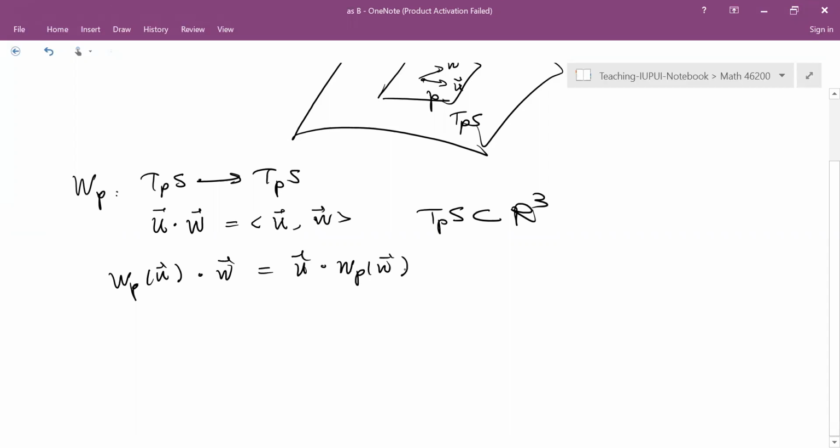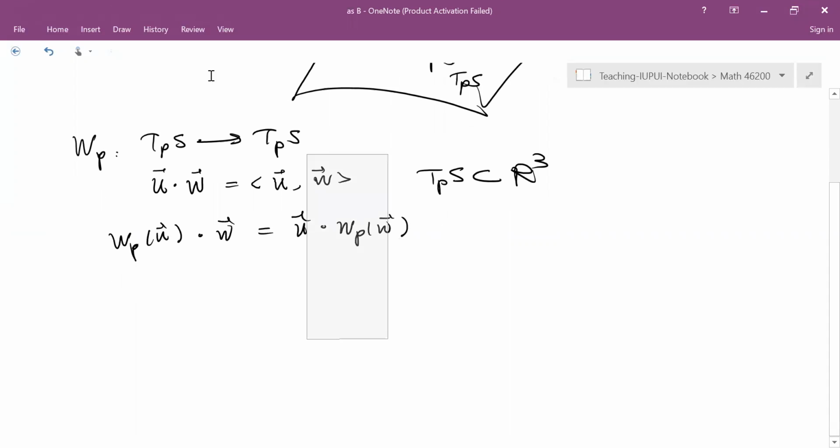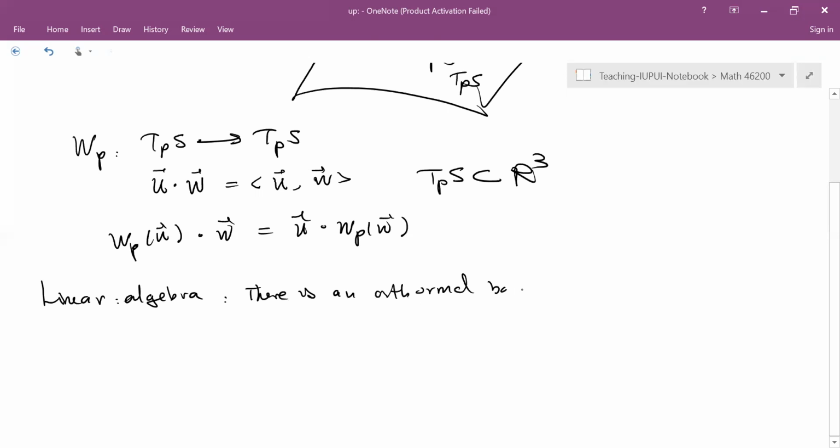Now in linear algebra, we can find an orthonormal basis E1, E2.